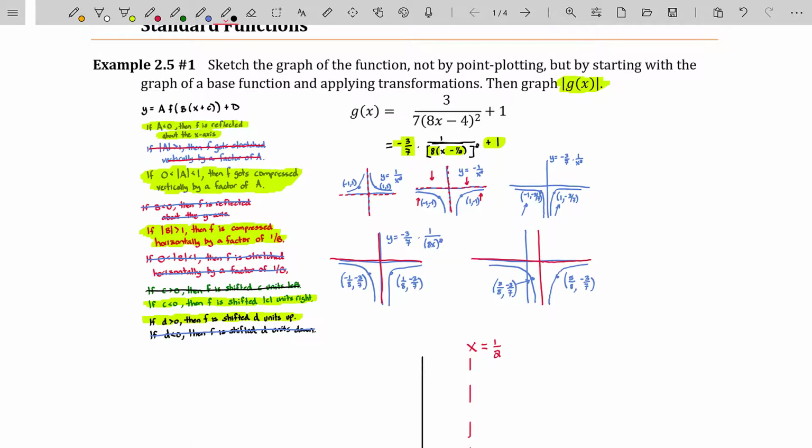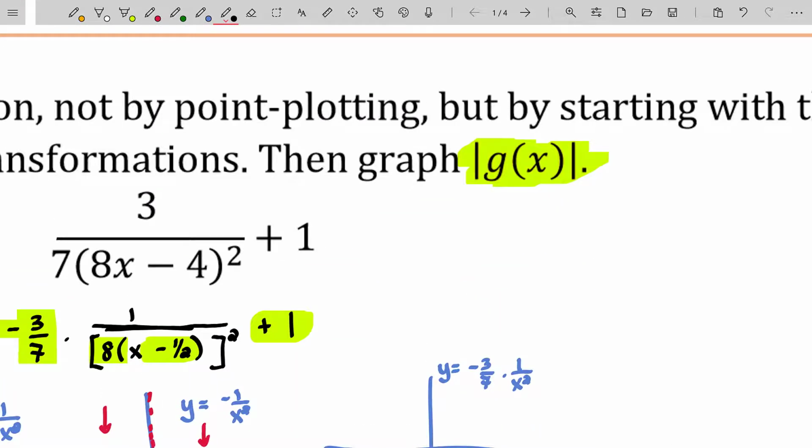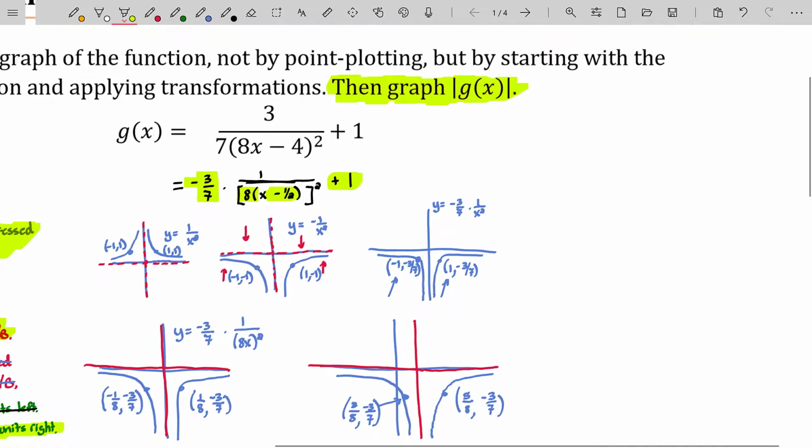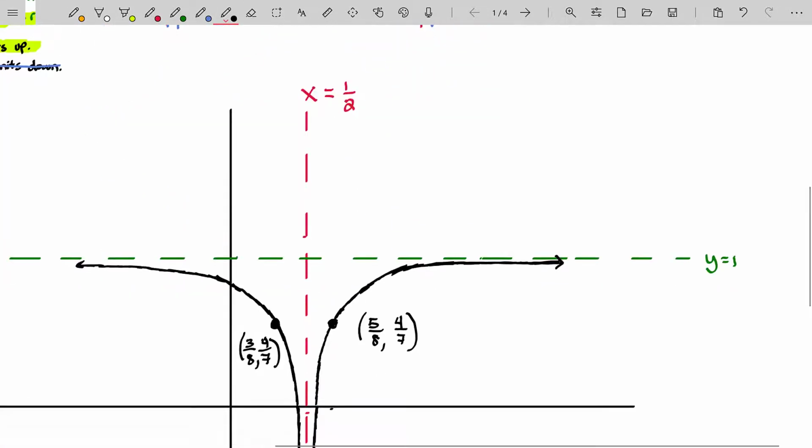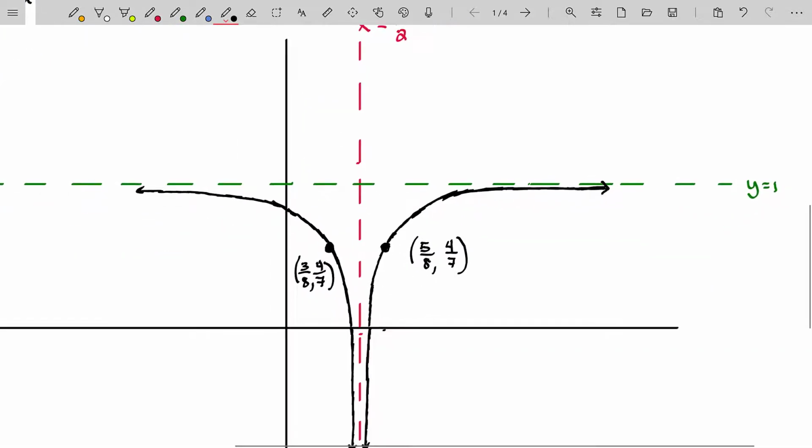One thing that you should note here is we are being asked to graph that function, but then being asked to graph the absolute value of that function. And that's really where the pre-calculus comes in. Not very much of a huge step more than what we just did, but when you're asked to graph the absolute value of a function, first thing you're going to do is graph the function itself.